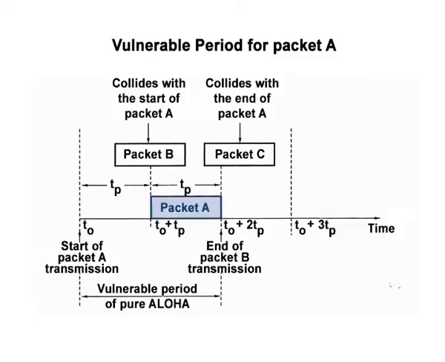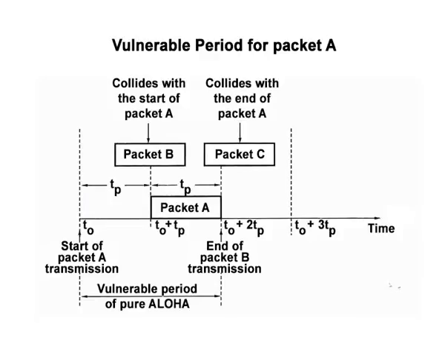If any other user B has generated a packet between time T0 and T0 plus TP, the end of packet B will collide with the beginning of packet A. Since in pure Aloha a station does not listen to the channel before transmitting, it has no way of knowing that the above frame was already underway. This figure shows vulnerable periods during which packets can collide.